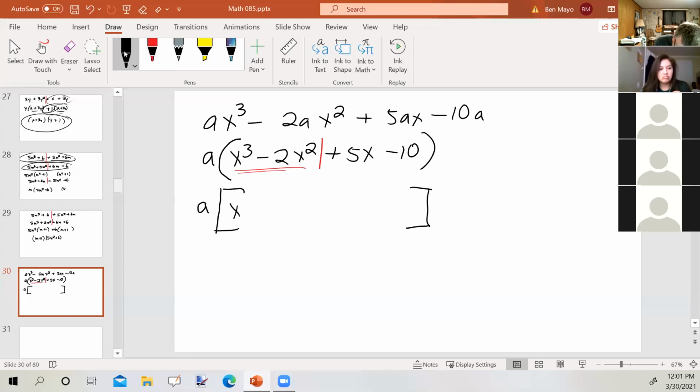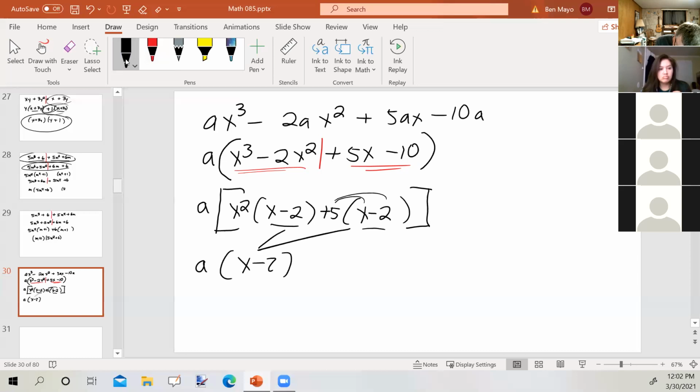Wouldn't it be x squared, and then I have x minus 2 left over? So for this, wouldn't I want x minus 2 because I want my leftovers to match? What's going to go between the two parentheses there? Plus 5. Does that give me 5x minus 10? It sure does. So now I've got a times x minus 2 times x squared plus 5.